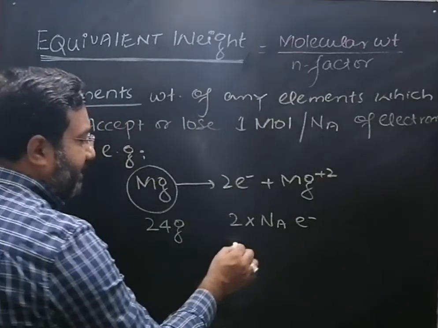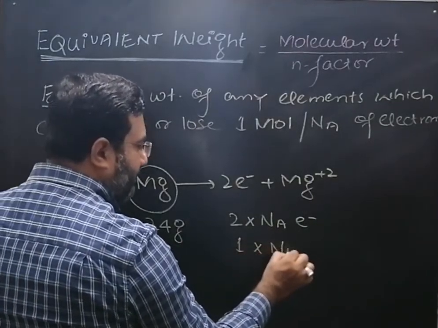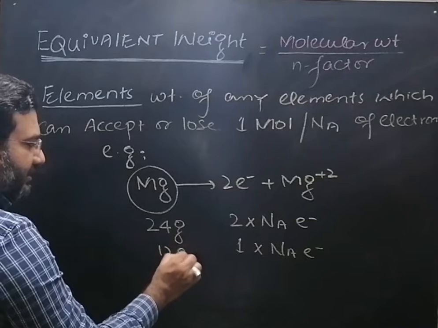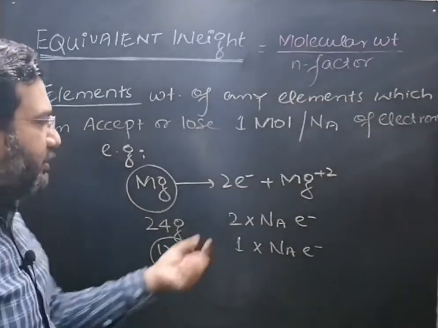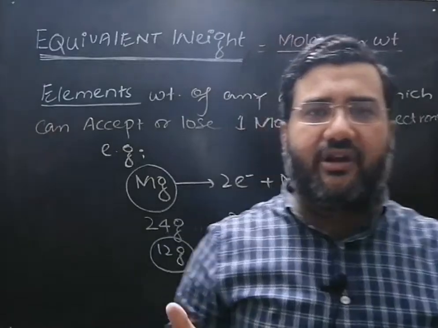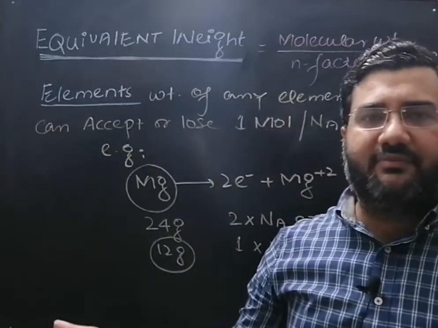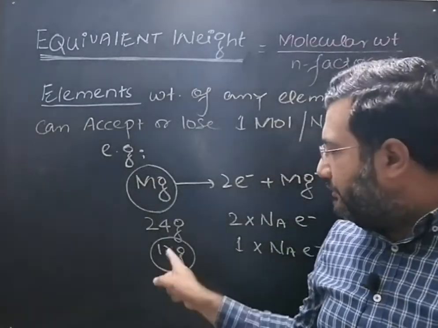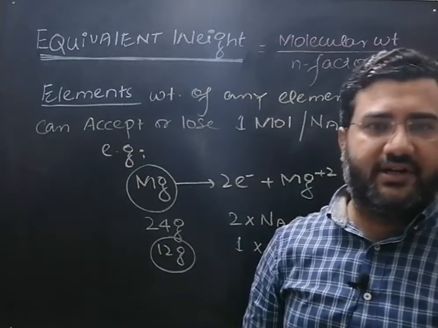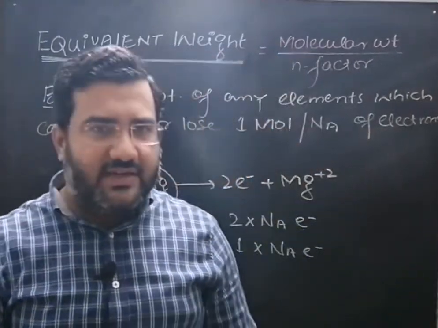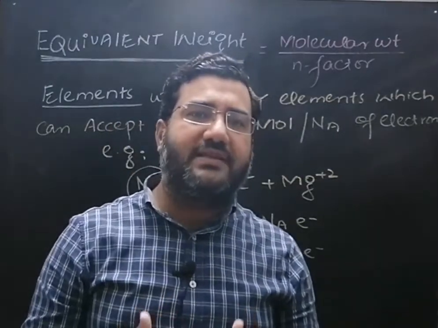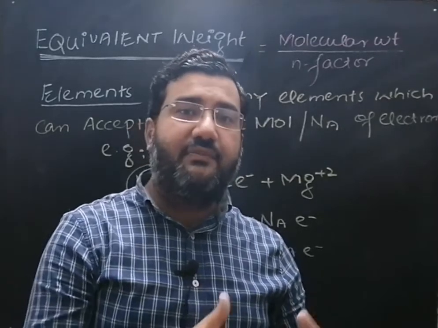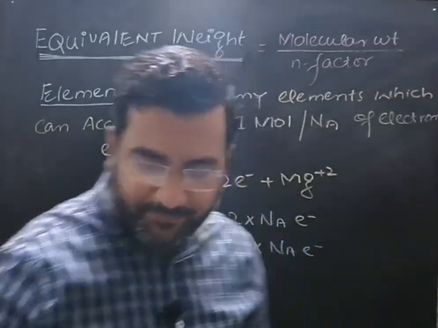But what mass of magnesium will lose 1 mole of electrons? That will be half of 24 grams, meaning 12 grams. So 2 moles of electrons are released by 24 grams of magnesium, and 1 mole of electrons will be released by 12 grams of magnesium. So 12 grams will be its equivalent weight. So when we talk about elements, we see how much mass of an element will gain or lose 1 mole, or Avogadro's number, of electrons. That mass is its equivalent weight.